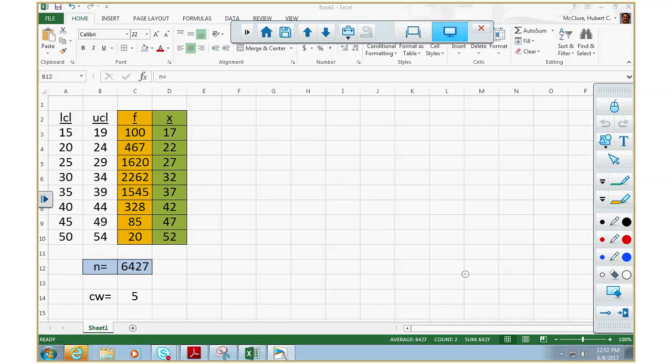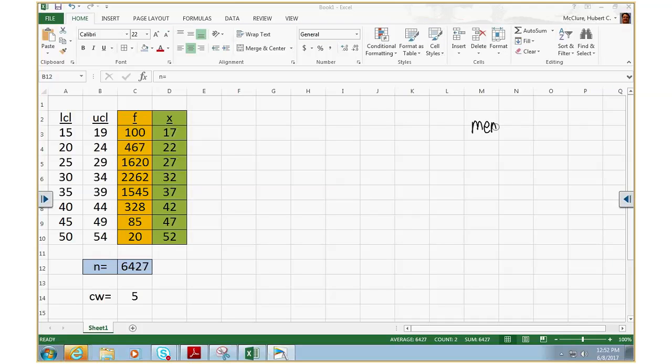All right, the mean of a frequency distribution is equal to the summation of F times X over the summation of F. Now you could easily write that also as the summation of F times X over N. Either one of those is fine.